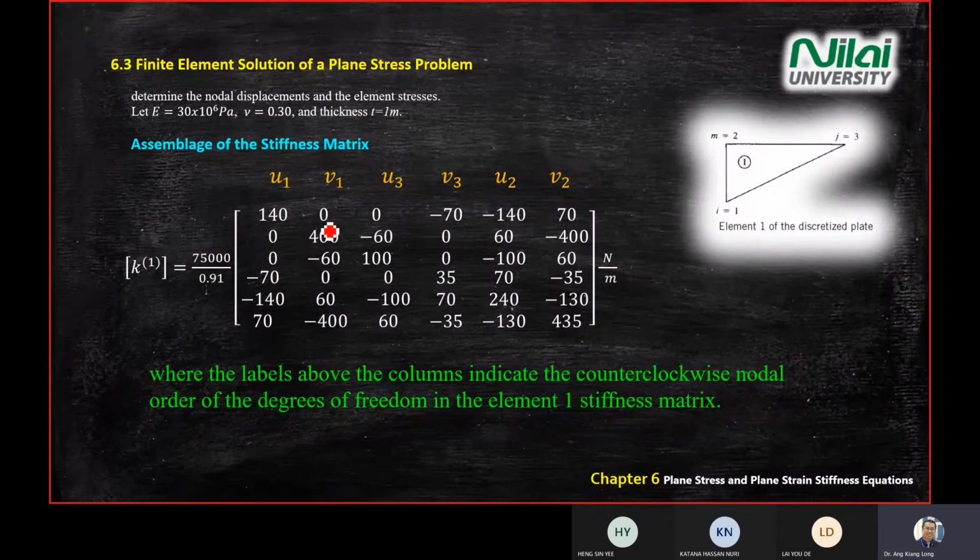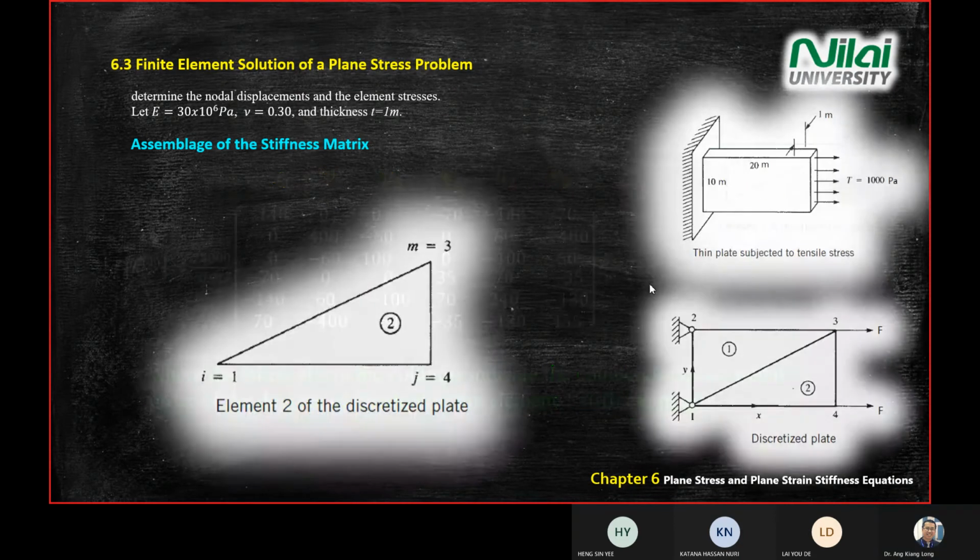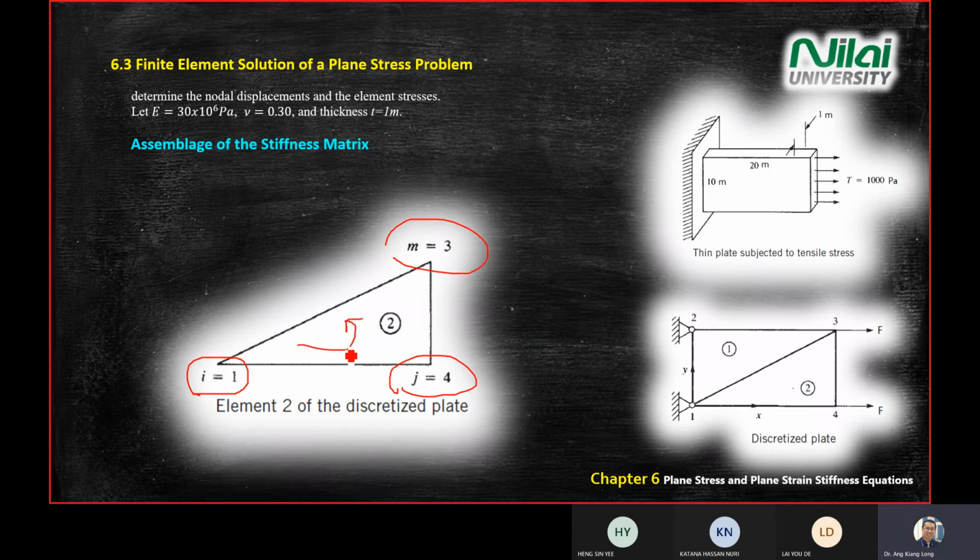This one is just a side note. It explains why suddenly these two columns are 1, the middle becomes 3, and this one becomes 2. We are actually referring to the anti-clockwise labeling. Then for element 2, we repeat the same, and we label the element again I, J, M in the anti-clockwise direction, and then we put in the node numbers 1, 4, and 3 according to this diagram.